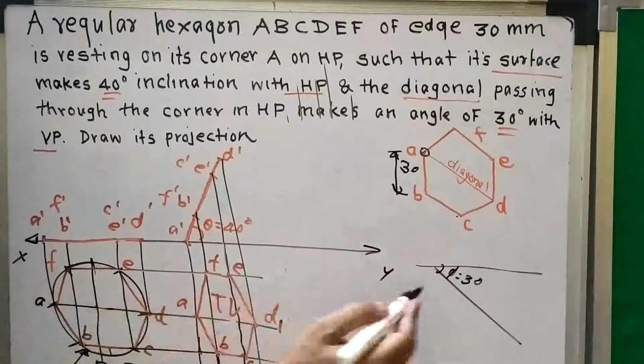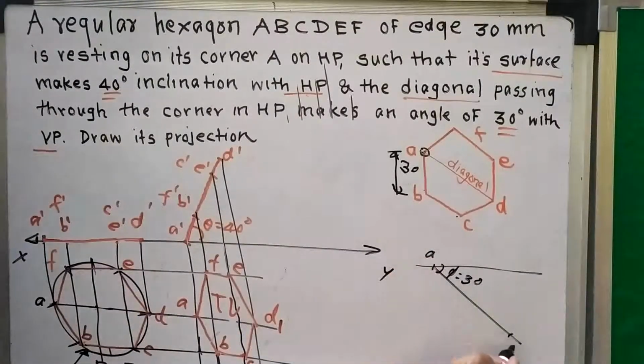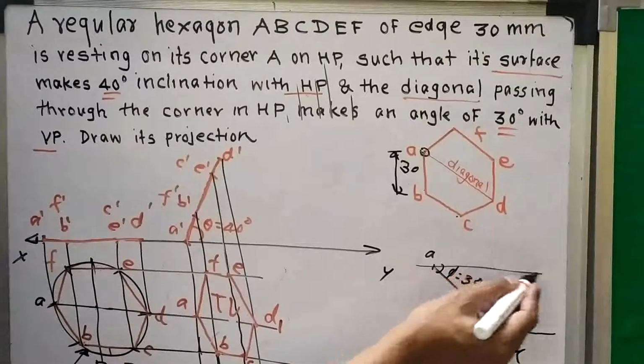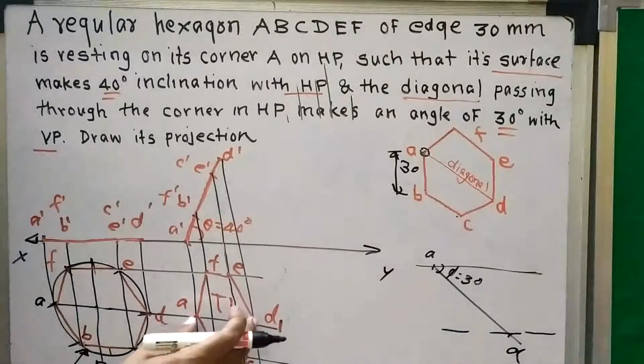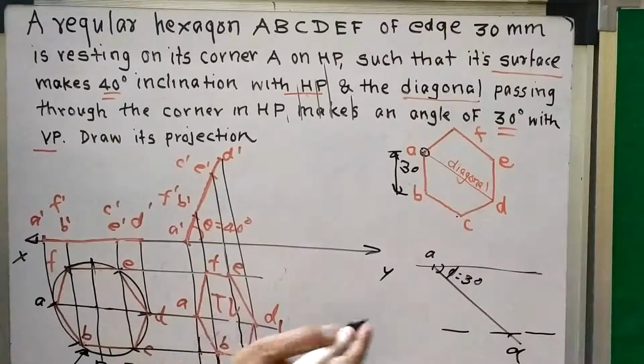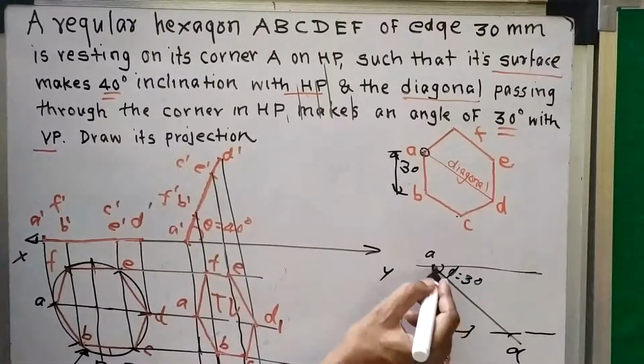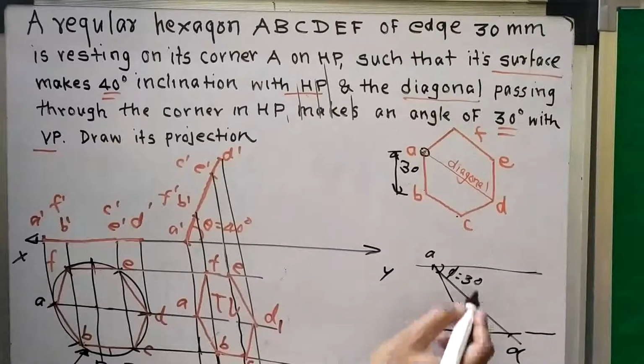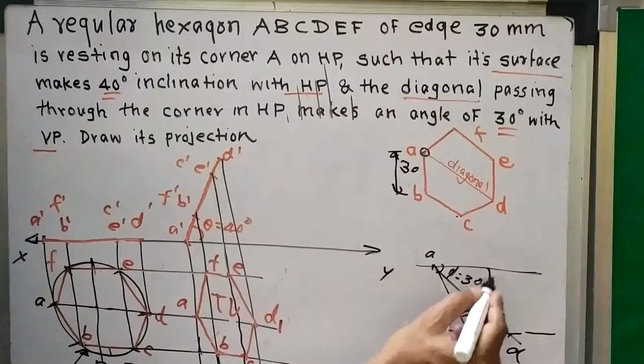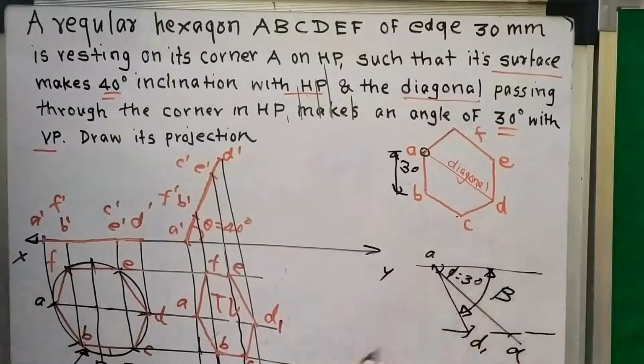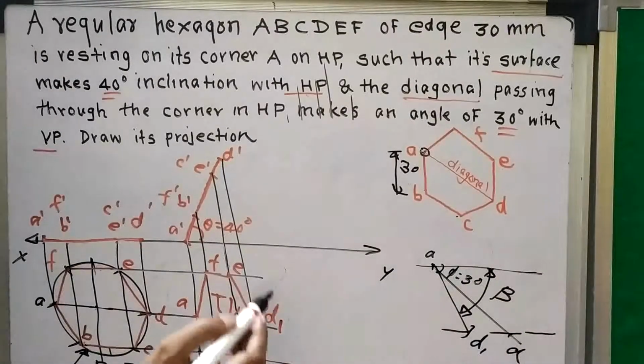On this I will take original AD, A and D. From this D I will draw a locus which is parallel to this horizontal line. Then I will take this AD1 in the compass and I will cut this AD1 here, and this is the angle which I will measure, that is equal to beta, and this beta angle after cutting AD1 I will take here.